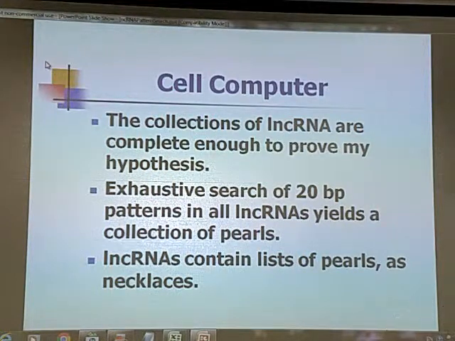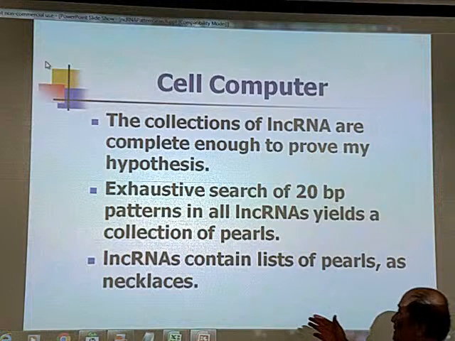The collection of long non-coding RNA almost covers the whole genome. So if we do an exhaustive search of these 20 base pair patterns in all linear RNAs, we might yield a more or less complete collection of pairs, or the potential microRNA.